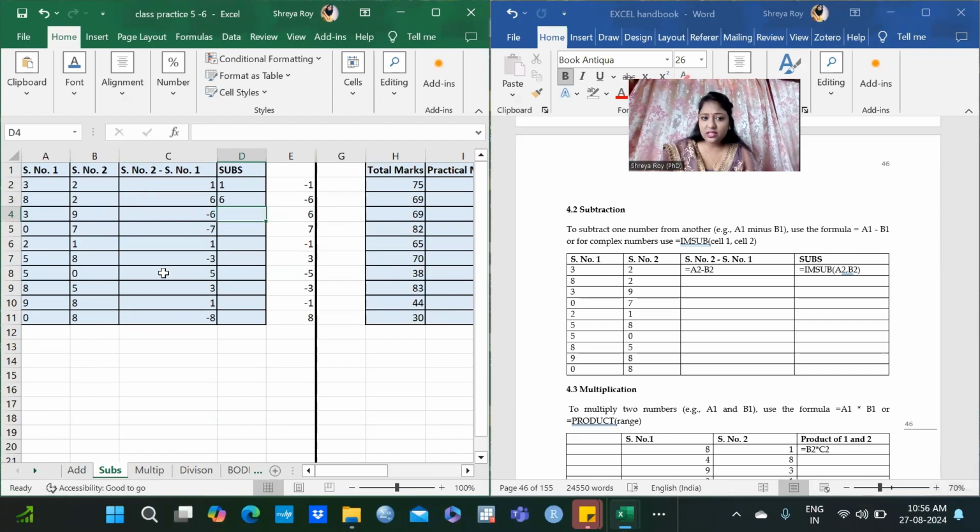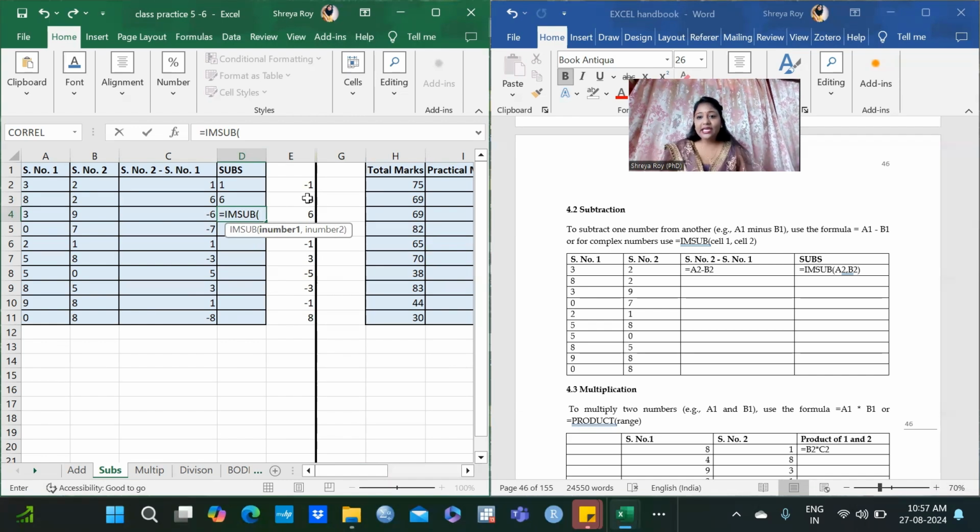Okay. Very interesting thing about Excel is if you type a command, it automatically intimates you what you're supposed to do. So it instructs you. See, you have typed IMSUB, then you're supposed to put a bracket. Now, see, you haven't added the first number, so that number is in bold. And then they are saying put a comma and then the second number.